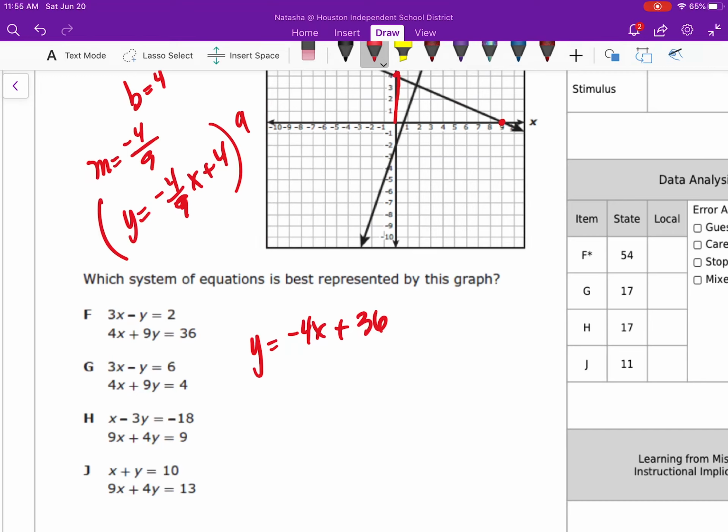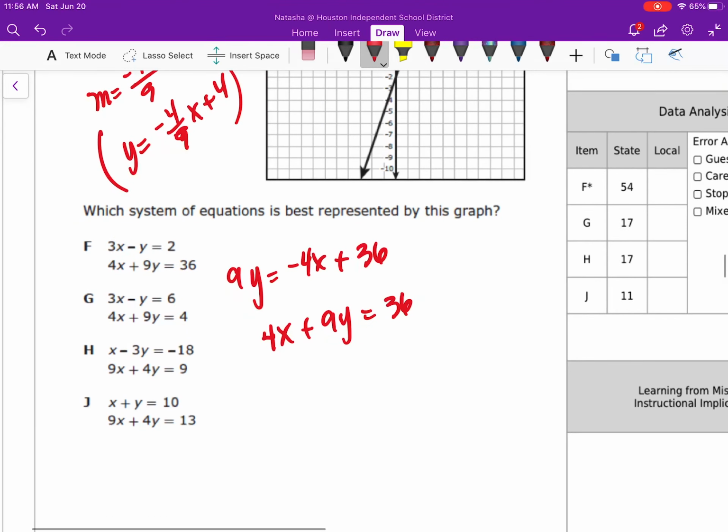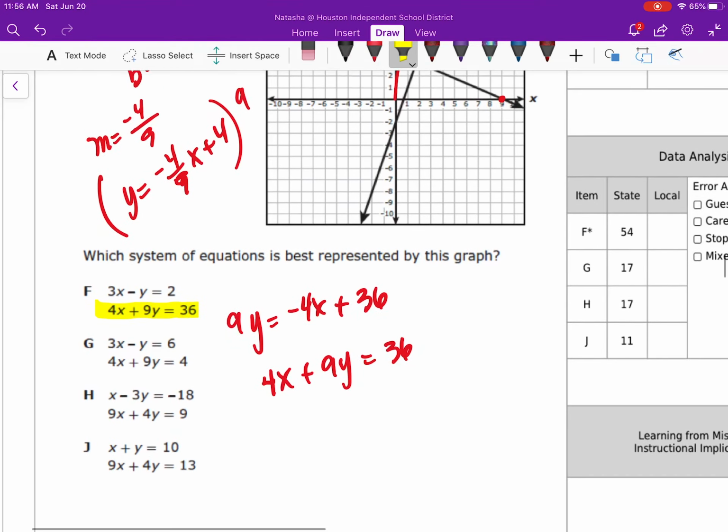There we go. That works. Move the 4 over. So that's 4x plus 9y is equal to 36. Okay, so that matches here. And that's really the only one that matches. So we have the right one there.